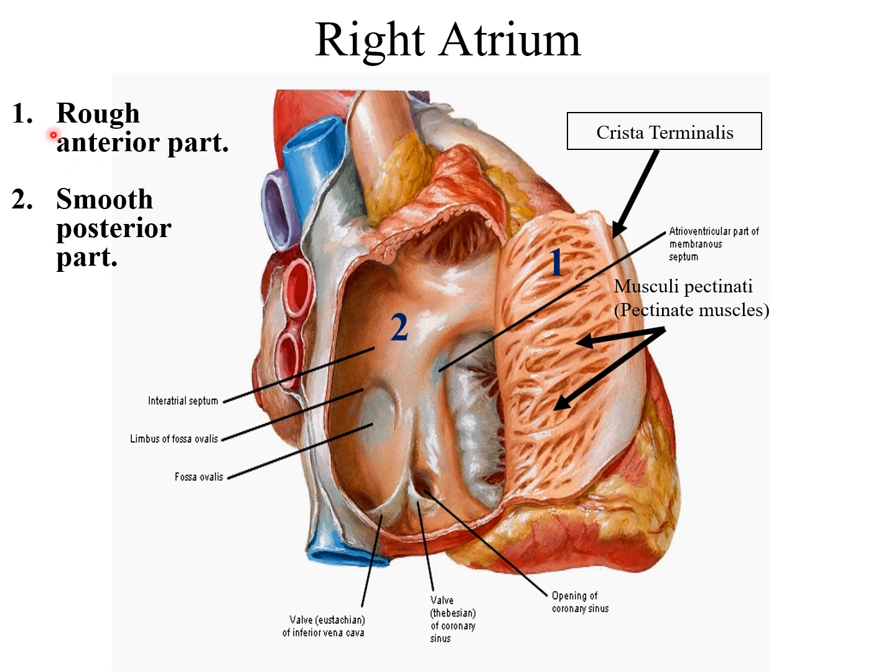The anterior part, on the inner side of the anterior wall, is known as the rough part, and the other part is smooth. So the internal structure of the right atrium is divisible into a rough part on the anterior wall and a smooth part on the posterior wall.